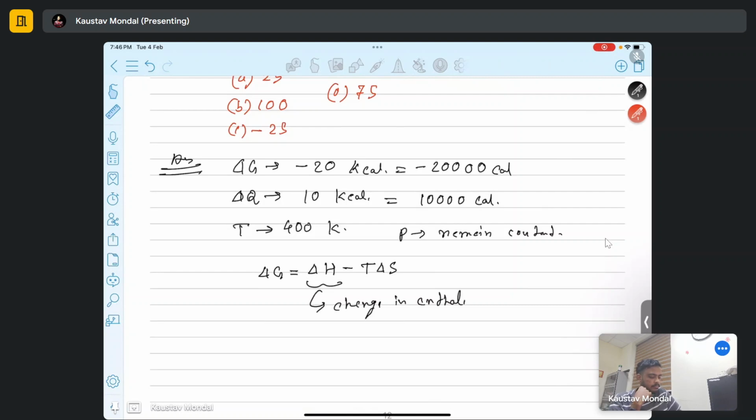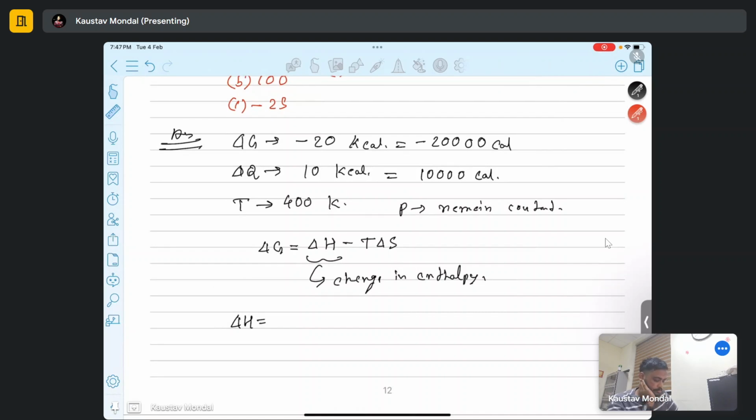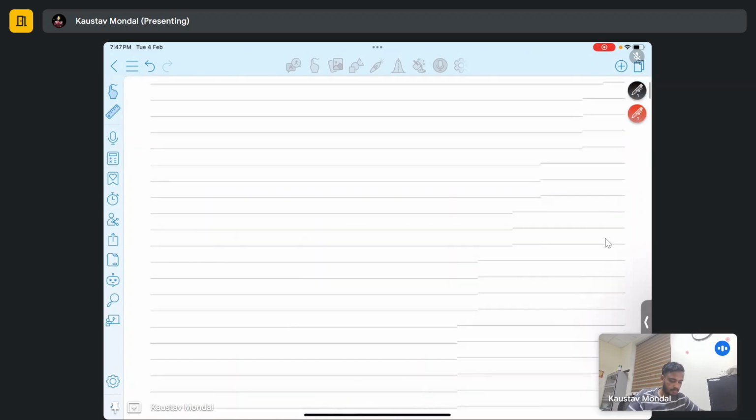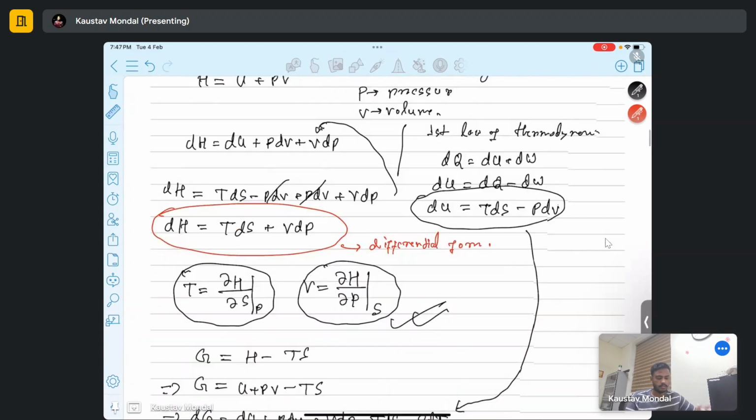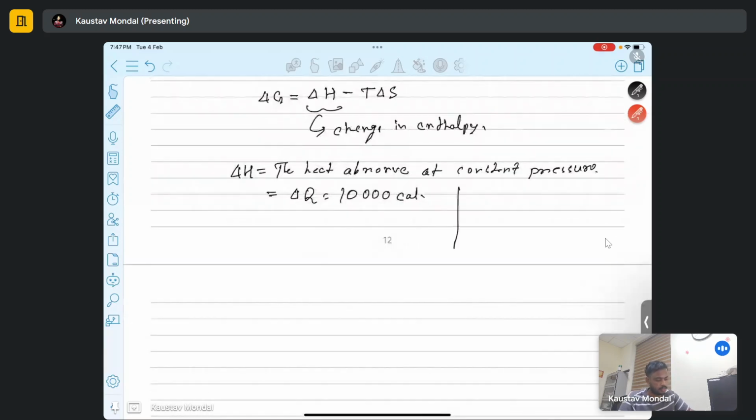One important thing to be noted here is that for a constant pressure, this delta H gives us the heat absorbed at constant pressure. So that is the delta Q, 10,000 calorie. These things we have already done, very first problem I guess. Let me verify this here, dH equal to TdS plus VdP. Let me also show you how it's coming. Delta H equal to TdS minus VdP.